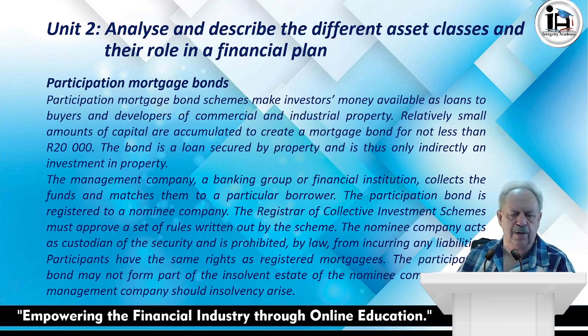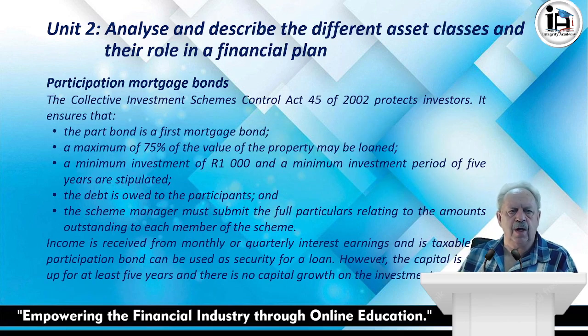Participants have the rights of registered mortgagees. The participation bond may not form part of an insolvent estate of the nominee company or the management company should insolvency arise. The Collective Investment Schemes Control Act 45 of 2002 protects investors. It ensures that the participating bond is a first mortgage bond.